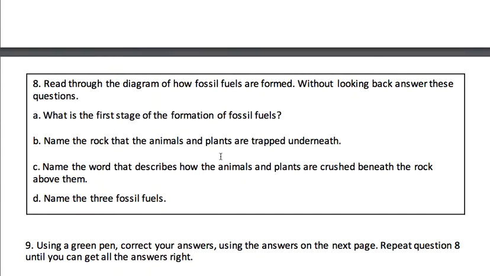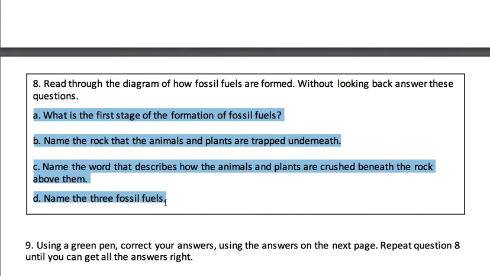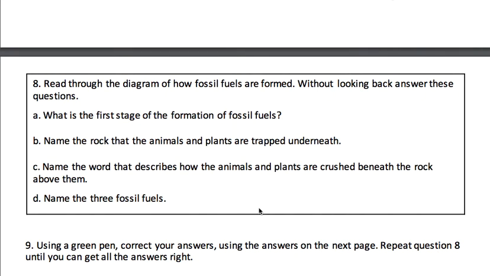So it's really important here that you read through the diagram, you don't look back at it, then you answer the question. Just like you would do with a knowledge organizer, you read through, you explain it out loud, but you don't look back at it when you answer that question. So question 8, read through the diagram, don't look back at it, then answer questions A to D. Pause me while you give that a go.